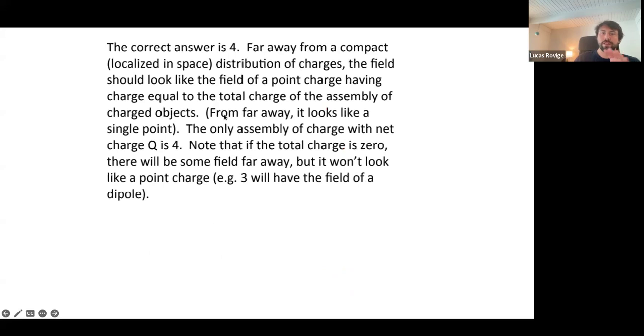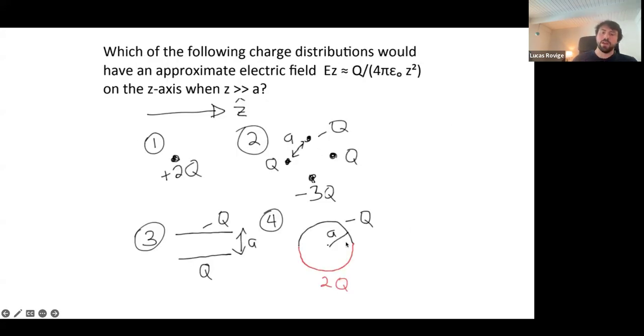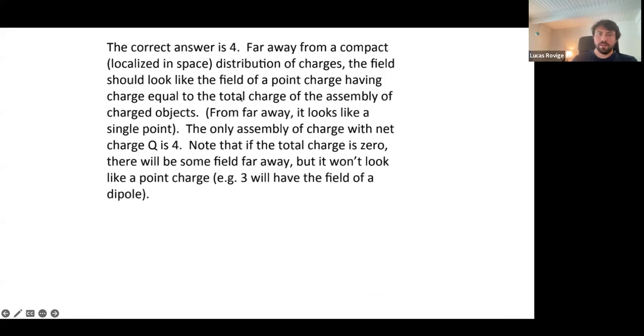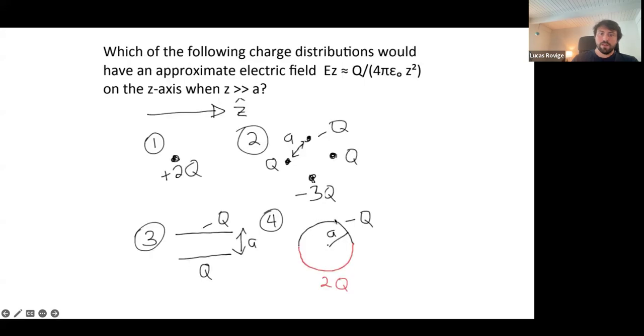And so in that case, the right answer would be number 4, because if the overall charge has to be q to depend on q here, and that's not the case here.